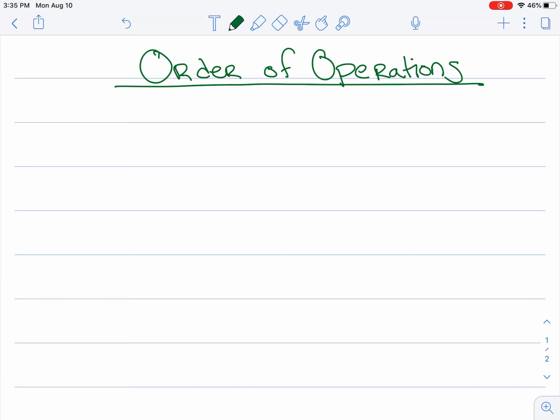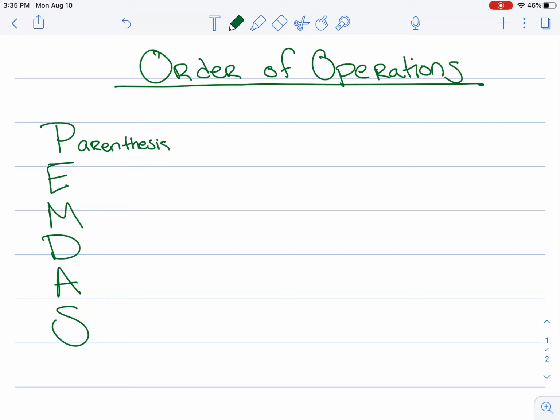Our order of operations is referred to as PEMDAS. Okay, so PEMDAS, the P stands for parentheses. They look like that, or they can also be this bracket form.